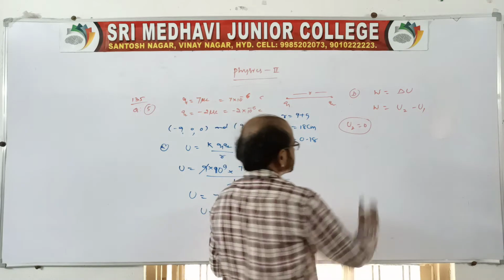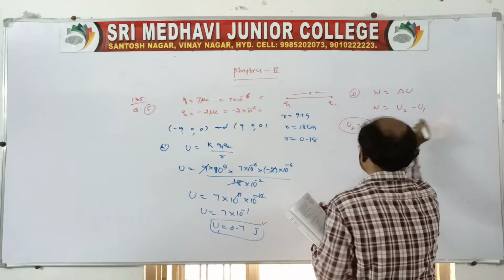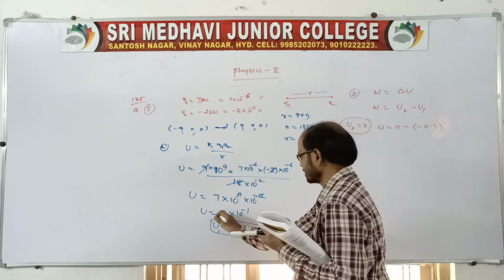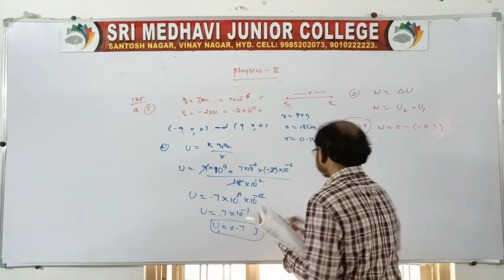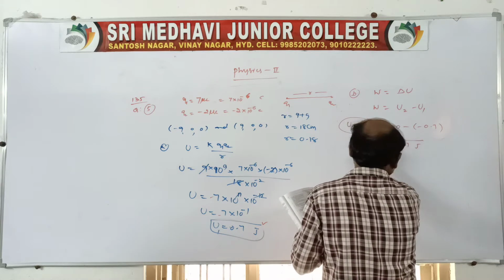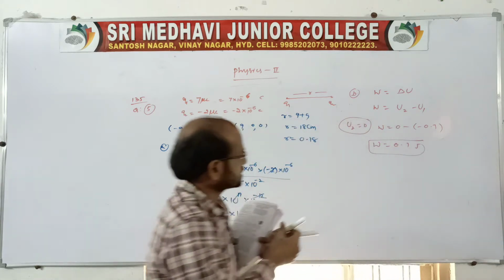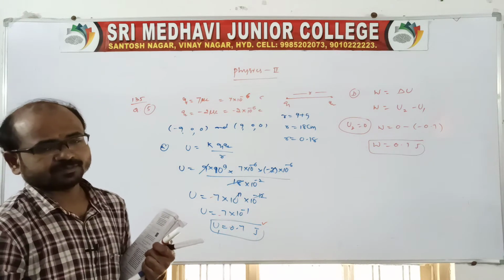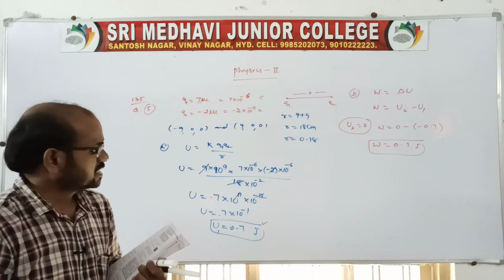So work done is equal to 0 minus U1, which is minus of minus 0.7, becomes plus, again joule. To separate the two charges, 0.7 joule of work is required. This is the second bit.